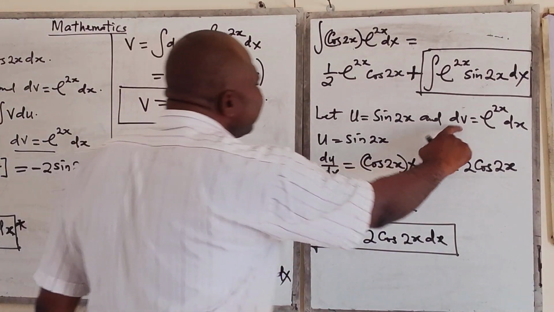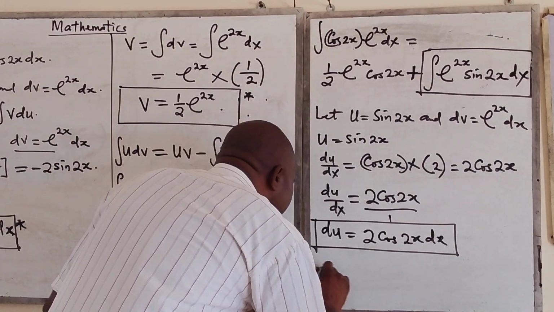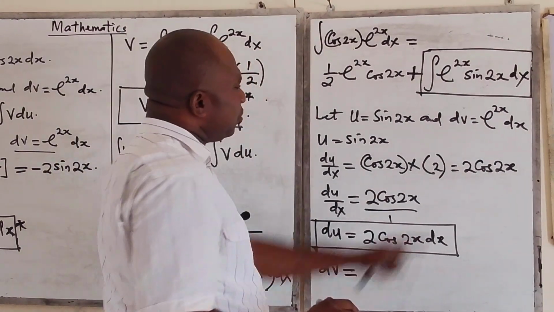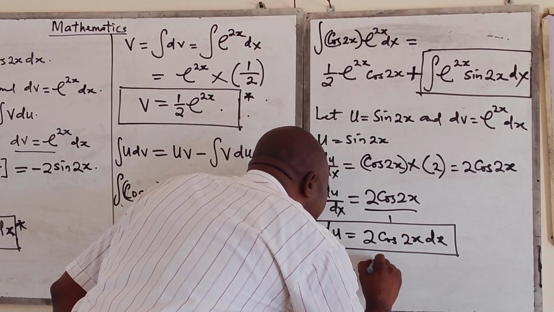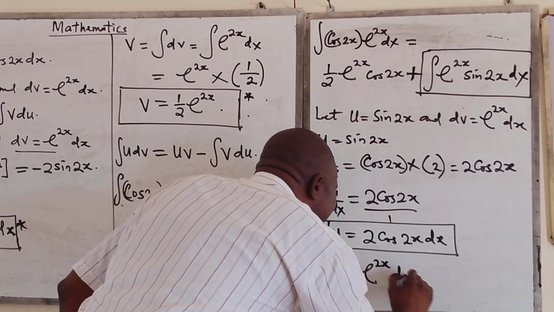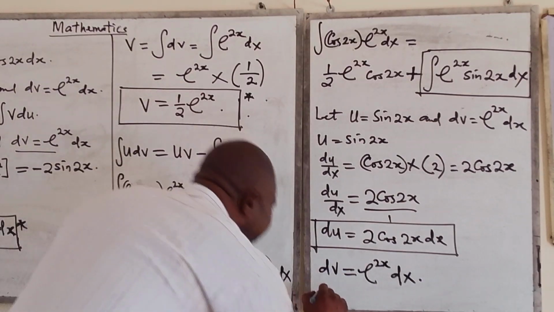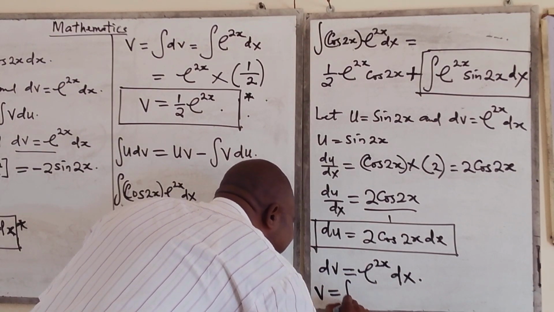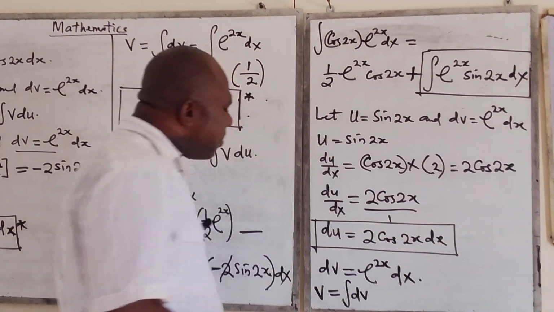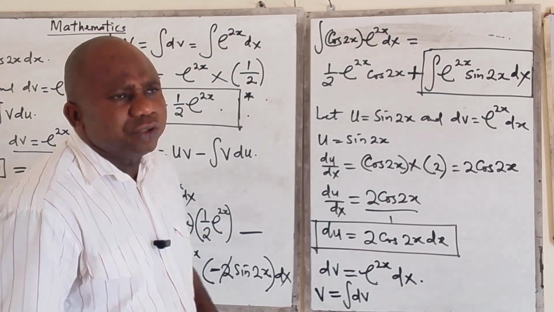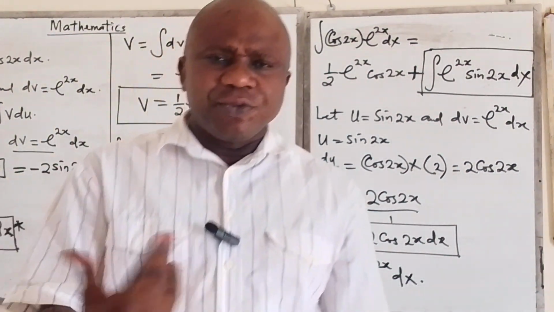Now, we said let dv be equal to e raised to the power of 2x dx. That's the dv. Now to get the value of our v, we integrate the dv. Now remember, we said integration is the reverse aspect of differentiation.